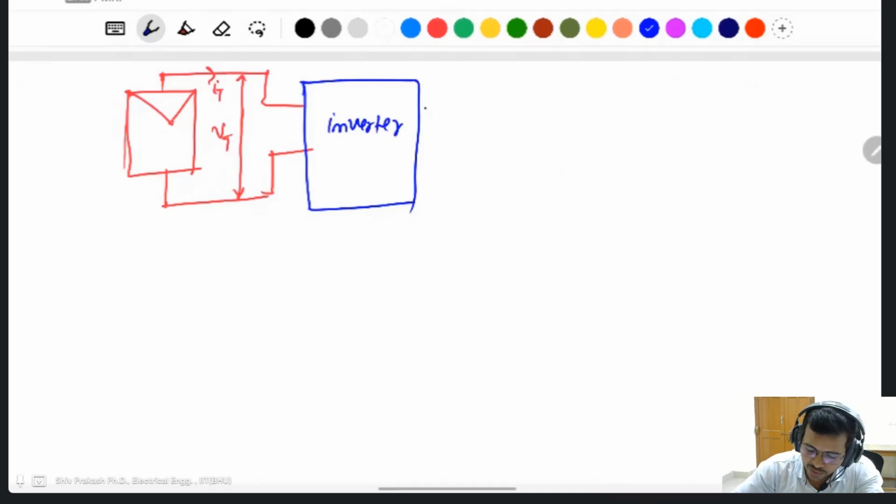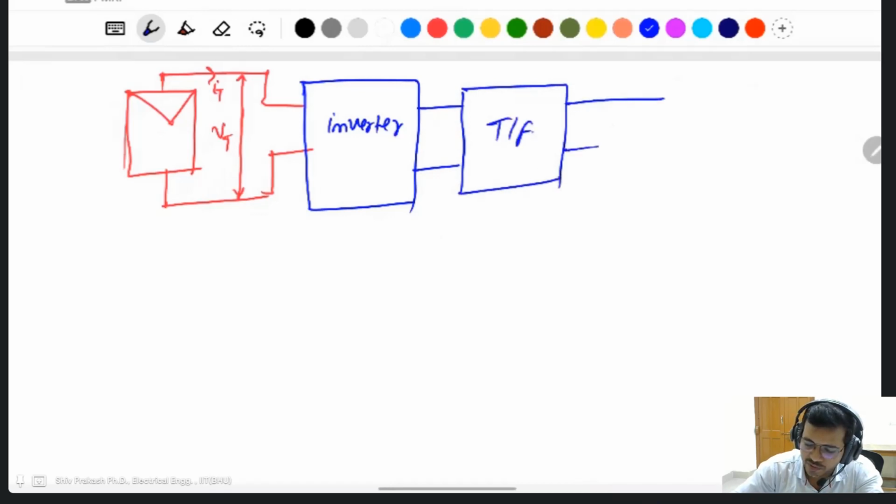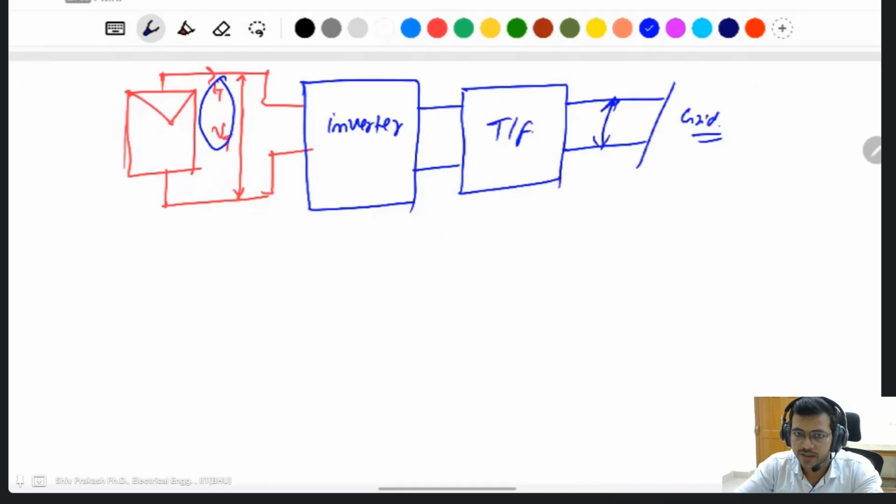That's why you require a transformer. After the transformer, you can connect to the grid. You can use It and Vt, or the MPPT, to generate the reference signal to control this voltage or this current.